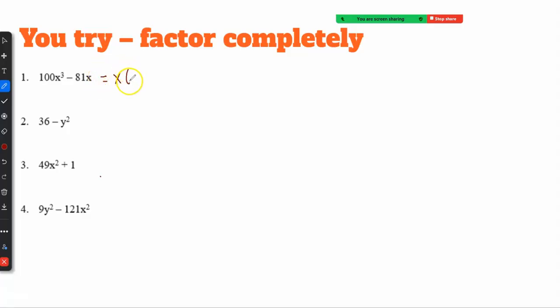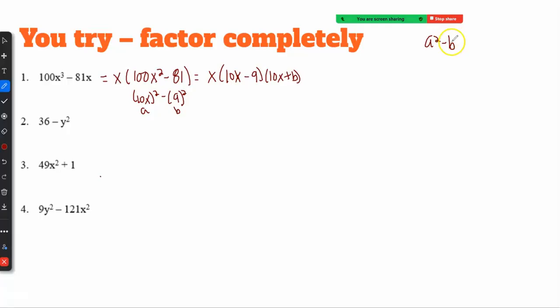I see I can factor out an x. And this is 10x and a 9. So this is difference of squares. So I have a minus b and a plus b. I can go ahead and write up here all my different options.